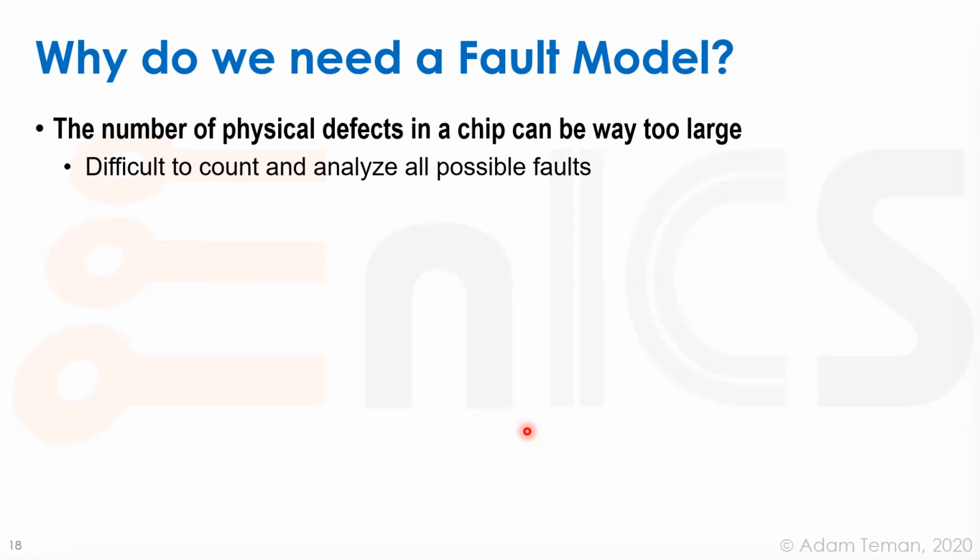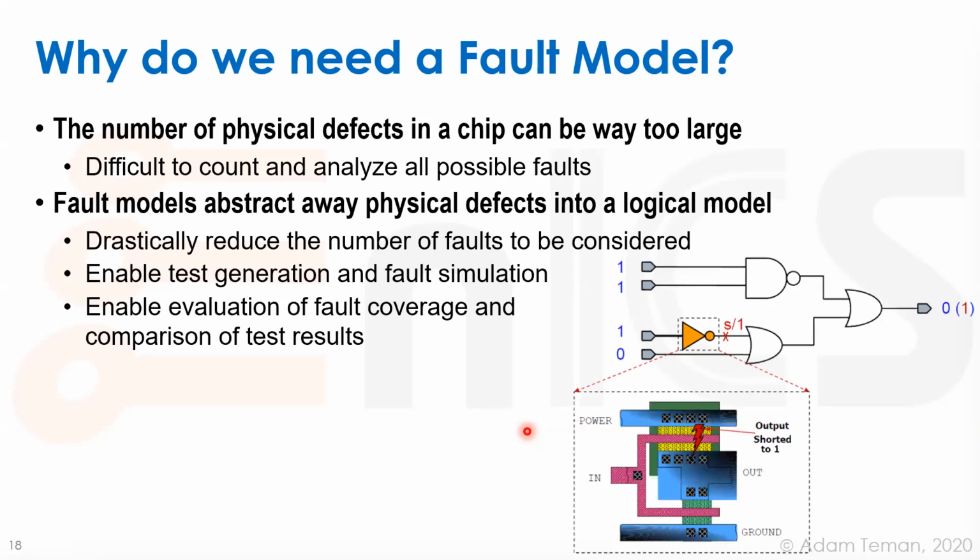We can't analyze all of the possible physical defects. So what we do is we try to take a whole set of these types of physical defects and give it one name, one abstract representation, and hope that there's behavior that is common to all these different types of things. It does not necessarily cover 100% equivalence between the things.